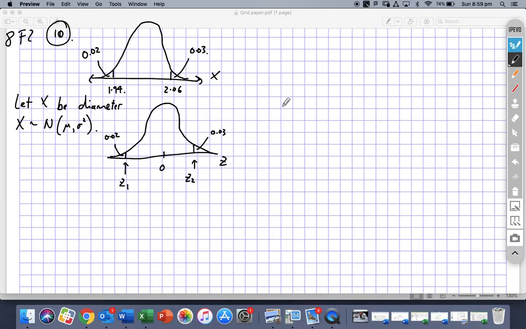Right, so given that a z-score is your particular sample, I'll just write an x, minus the mean, divided by a standard deviation.